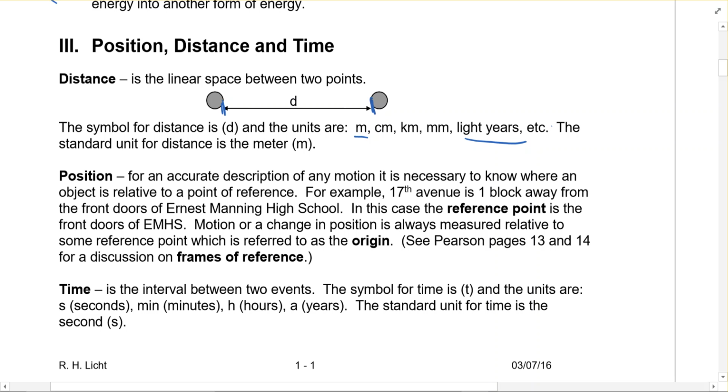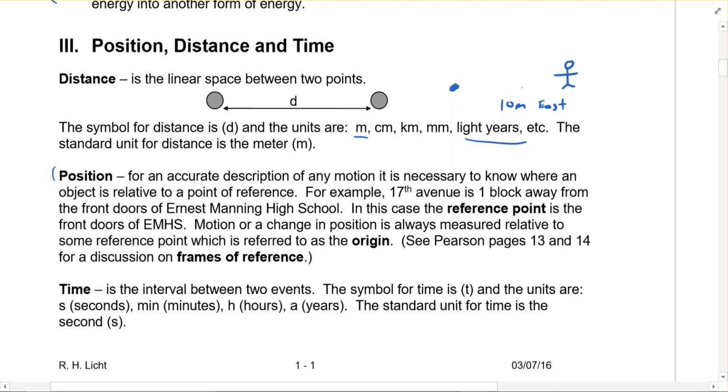This sometimes gets confused with position. The difference between distance and position is that position has to be in reference to something. So if I say my position over here is, say, 10 meters west, or east, I guess, because I'm on that side, that's my position.